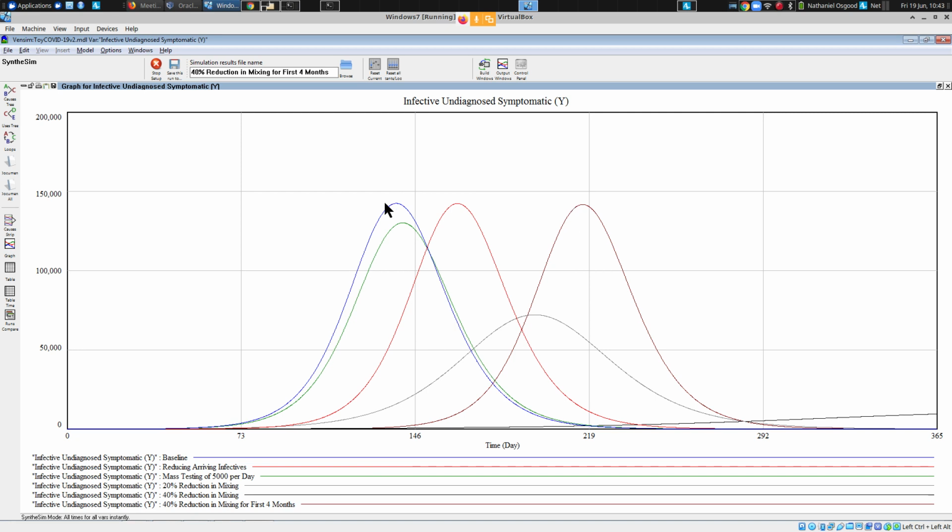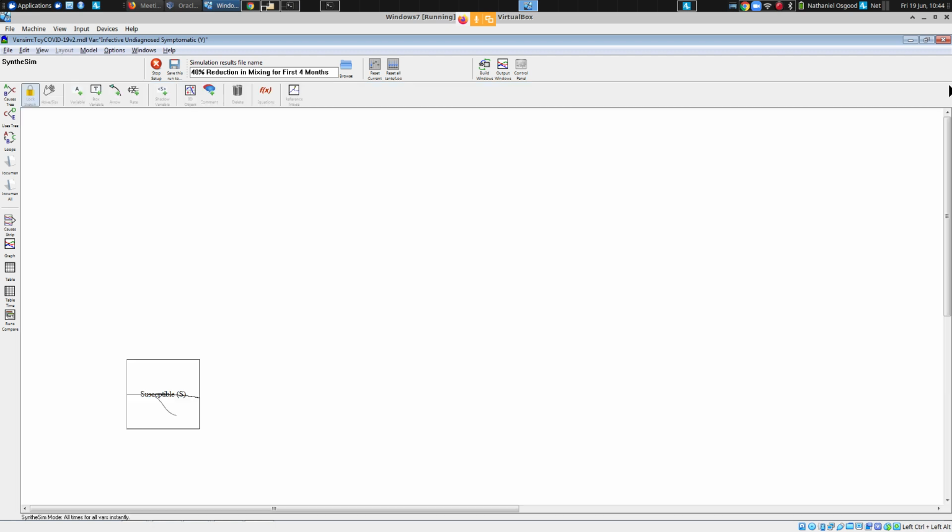Blue peak, we didn't put any interventions into effect. What's the difference? Basically the same peak, just delayed. Delayed time. Yeah, it's delayed. Okay, now let's focus on a control effort.